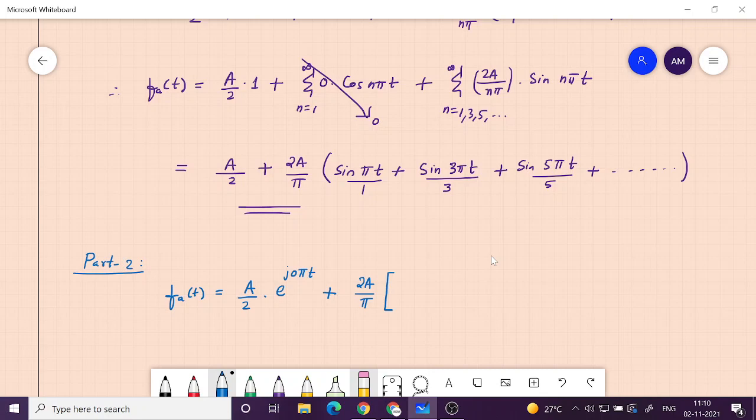I can write it as e raised to j pi t minus e raised to minus j pi t by 2j. I can expand sin pi t like this. Similarly, I can expand the next term, e raised to j 3 pi t minus e raised to minus j 3 pi t divided by 2j, and I can continue like this.